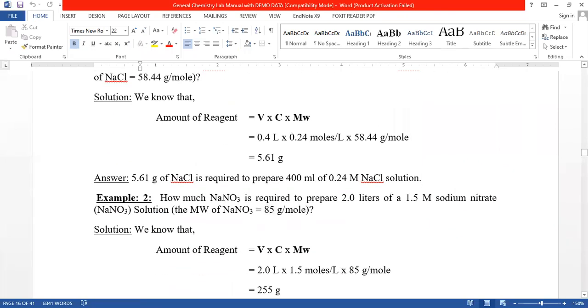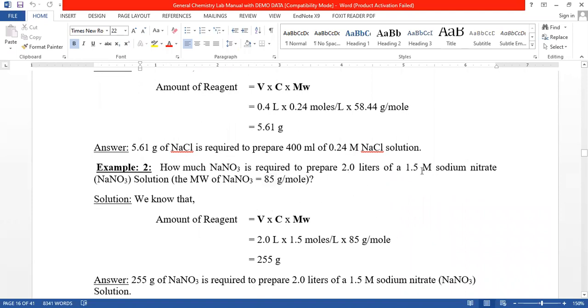Another example for sodium nitrate: how much sodium nitrate is required to prepare 2 liters of a 1.5 molar sodium nitrate solution. So here the volume is bigger, and also the concentration is very high. Earlier it was only 0.24, this is 1.5. So you put the values there, and you don't need to change anything because it is already in liter.